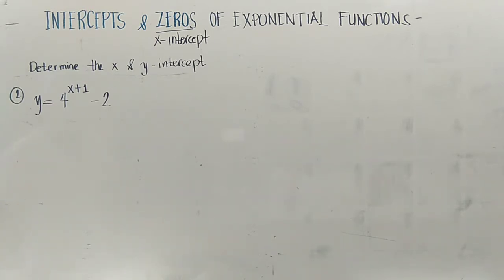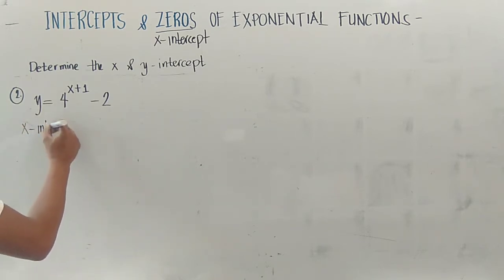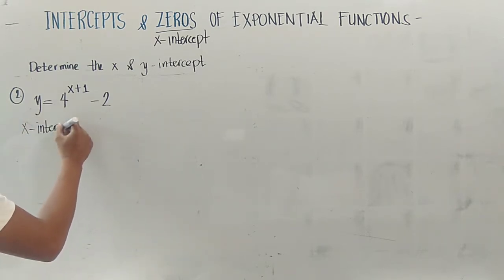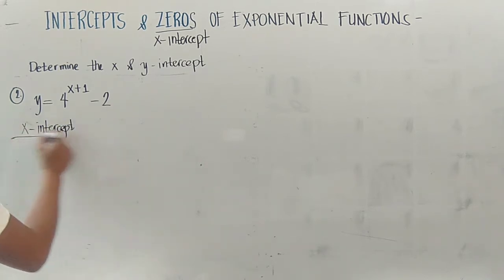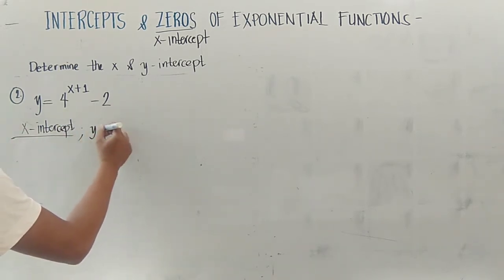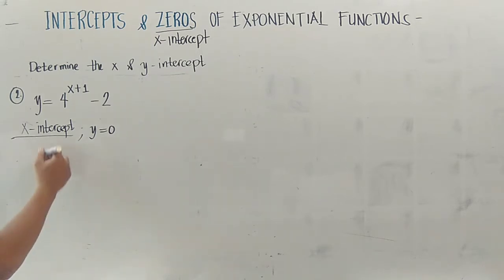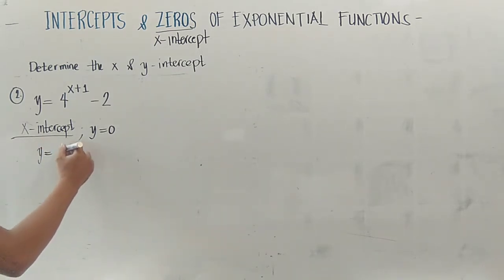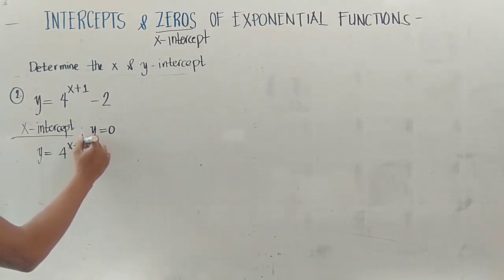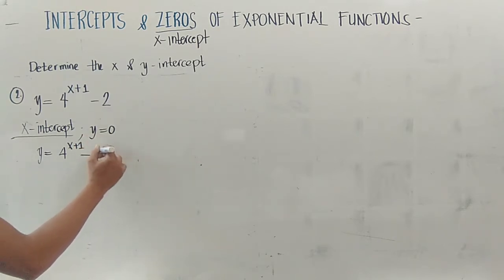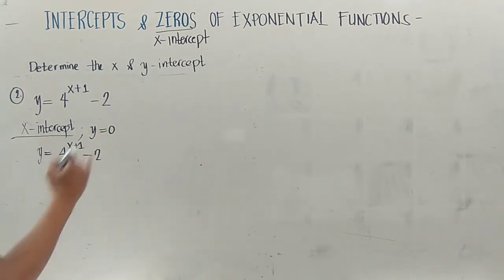Assuming you have an exponential function y equals 4 raised to x plus 1 over 2, minus 2. So let us solve for the x and y-intercept. Solving first your x-intercept. Again, for the x-intercept, y is equal to 0. So copying, we have y equals 4 raised to x plus 1 over 2, minus 2.